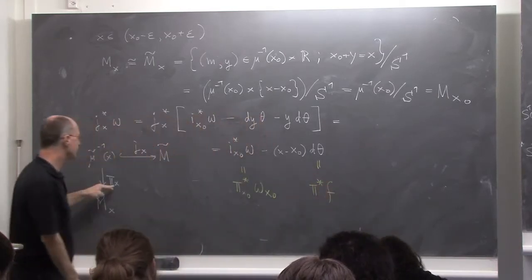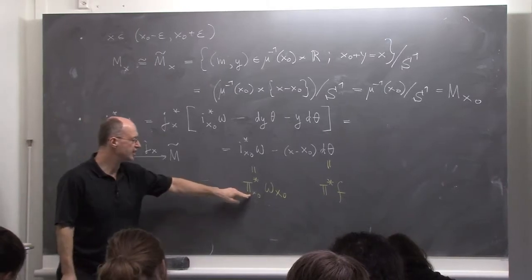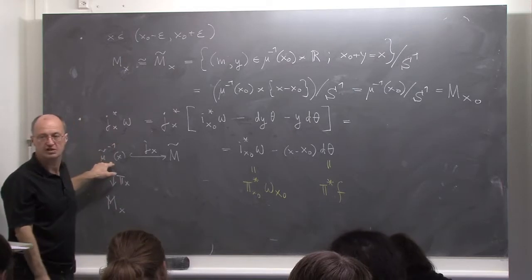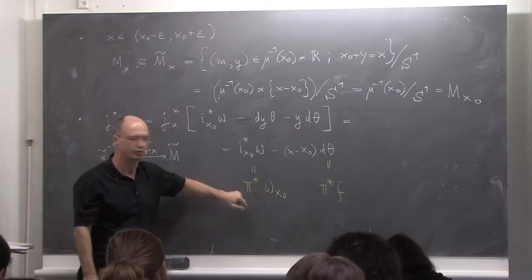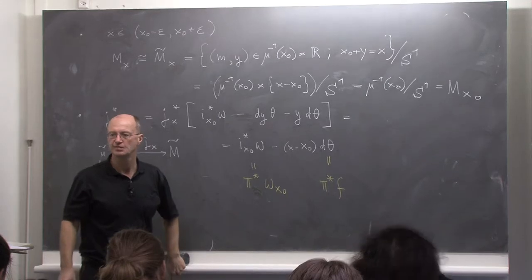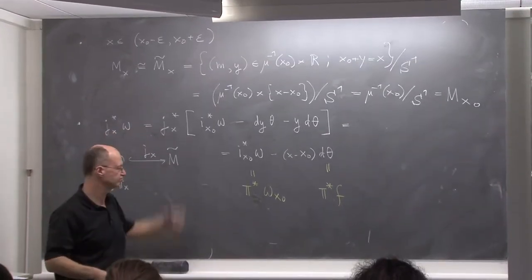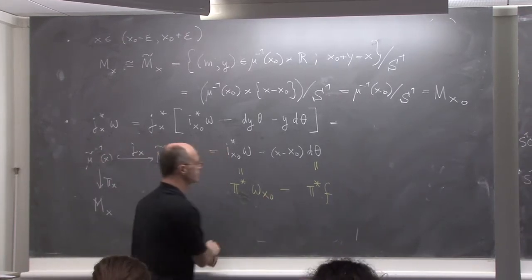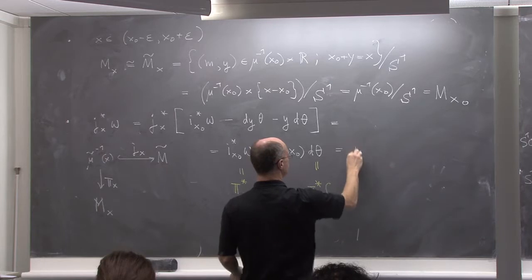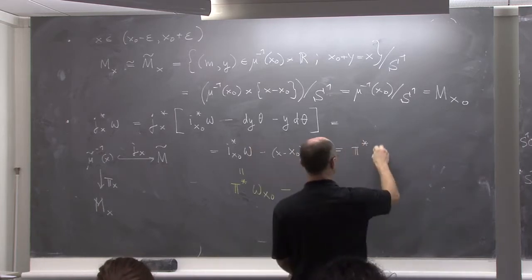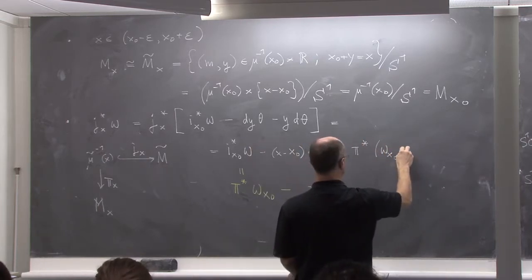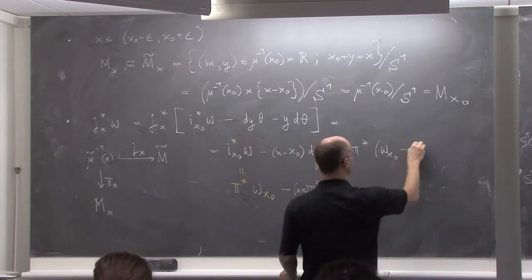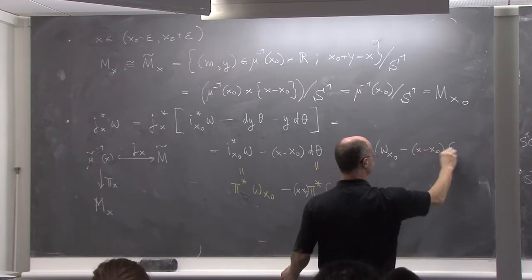But you know, this pi_x, pi_x0, since we identified all the level sets, they are all the same. There is only one pi. Right? This is the projection from the level set to its quotient. So this is actually equal to pi star omega_x0 minus (x minus x0) f.